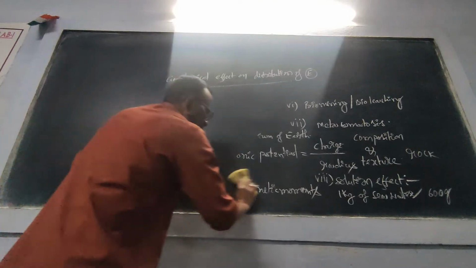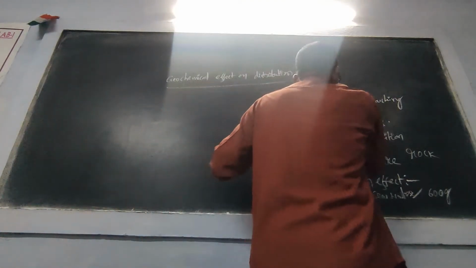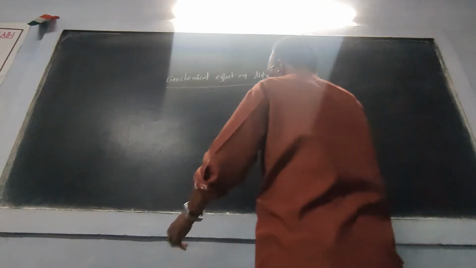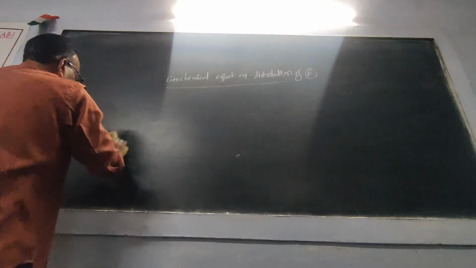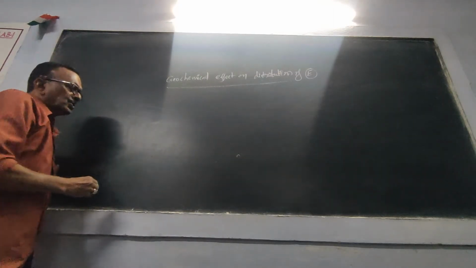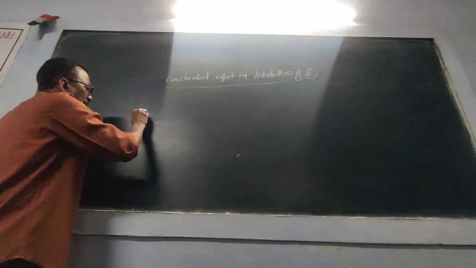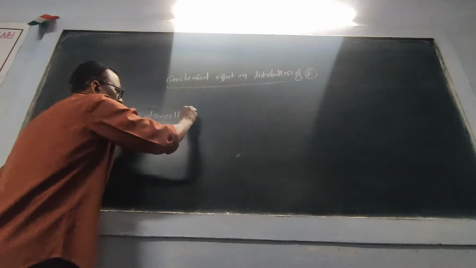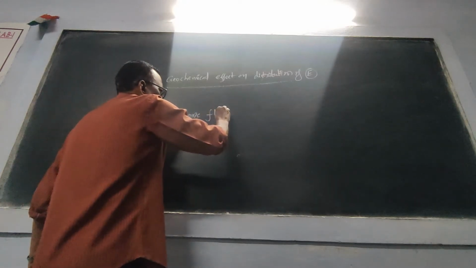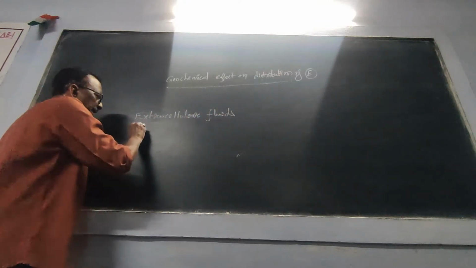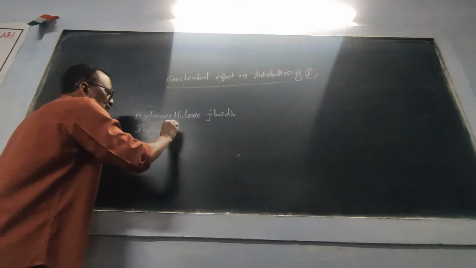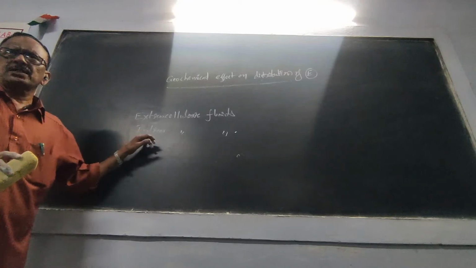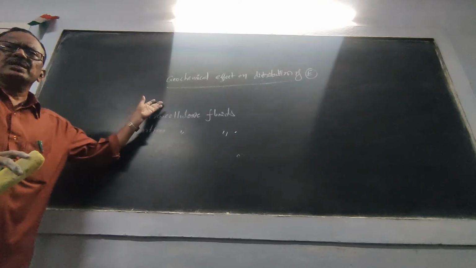Then the next aspect is, in the case of cells, we find extracellular fluids and intracellular fluids. So the fluid that is present inside the cell, and the fluid that is present outside the cell.